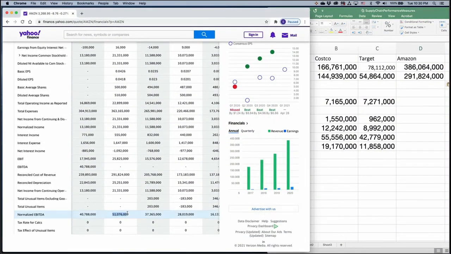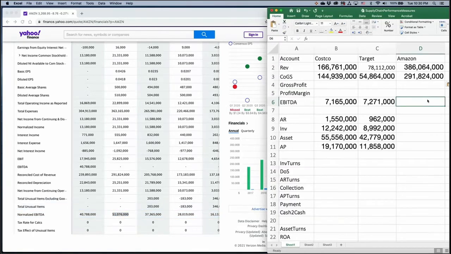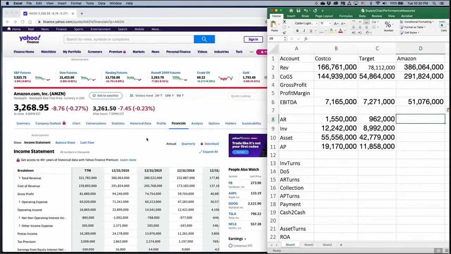So this is a normalized EBITDA, and these are income statement accounts.